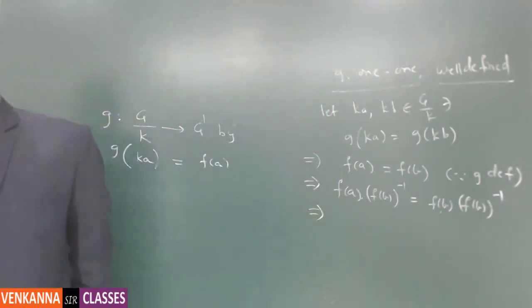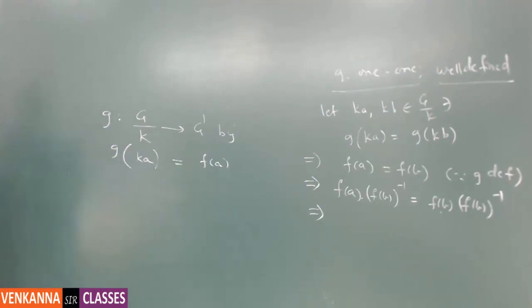Please understand, f is the given function in the problem. g is the new function you are defining between the two groups, G by K and G dash. You have to prove that the new function g is one-one, onto and a homomorphism. So g becomes an isomorphism, hence the two groups become isomorphic. Clear to all?